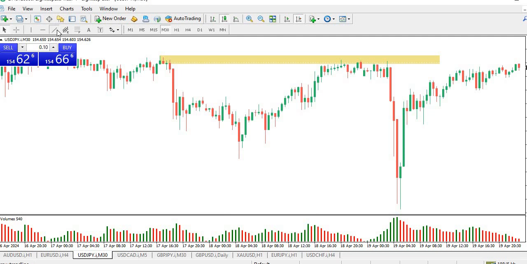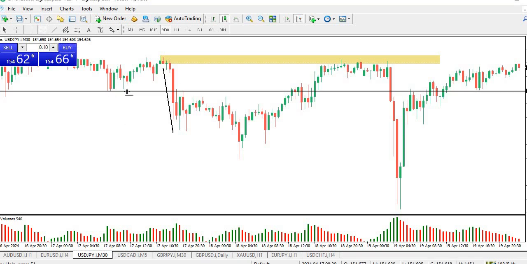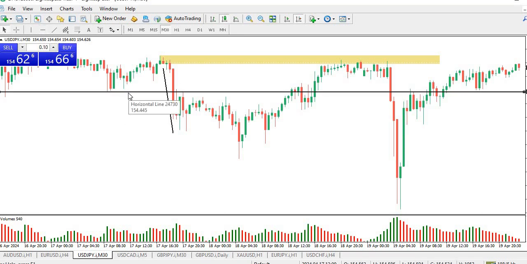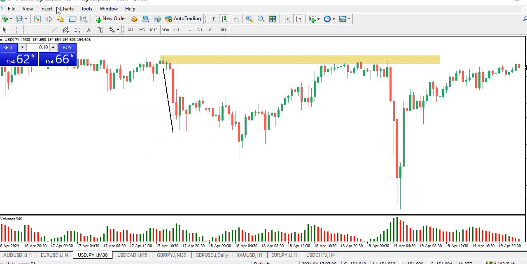Like here, we can see this last bullish candle broke the market structure to the downside. How do we know it broke the structure? Because we can see it was a clear low at this point, and once the market formed that last bullish candle, it turned the market to the downside. We can see it broke the previous low.